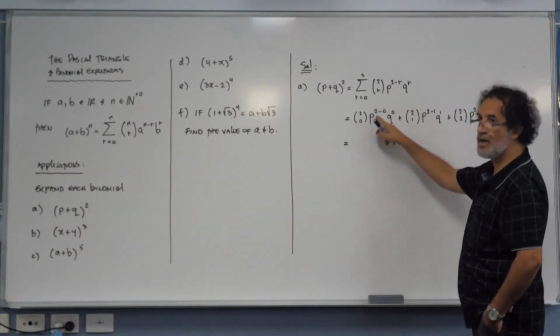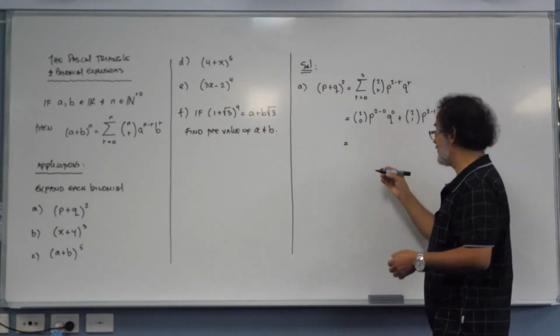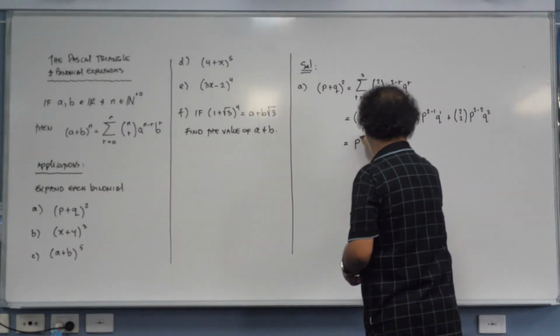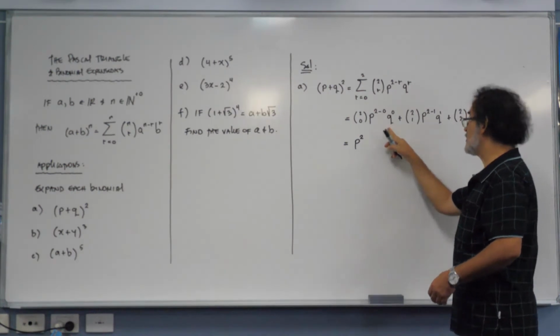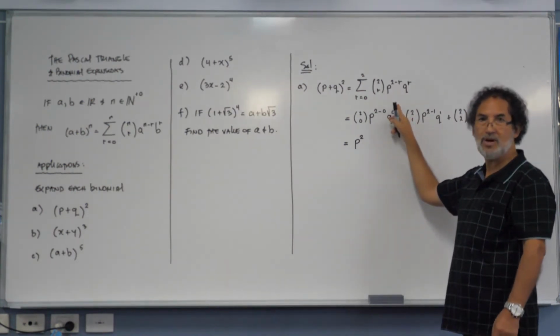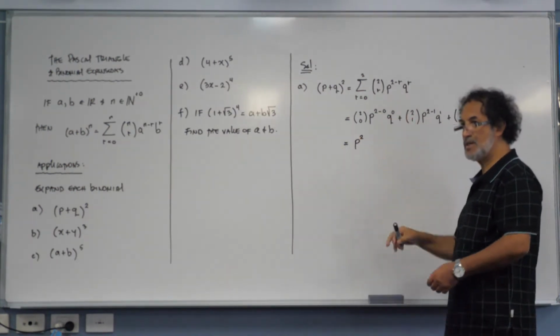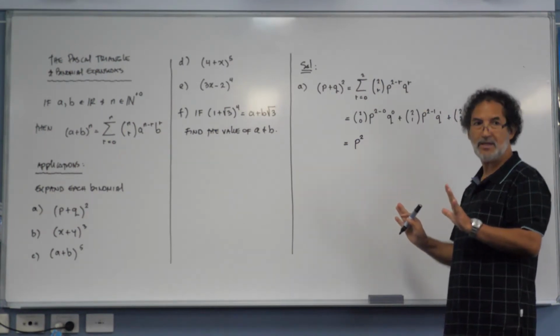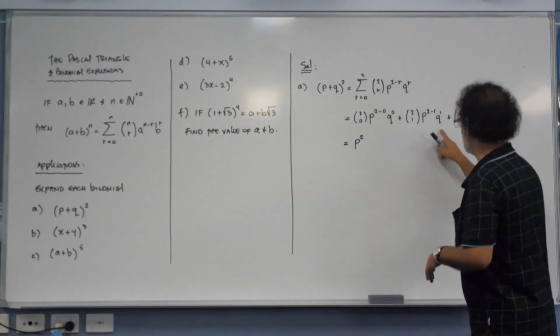And then P squared minus 0 is just P squared, and Q to the power of 0 is just 1. So that means that the first term is P squared. That's it.